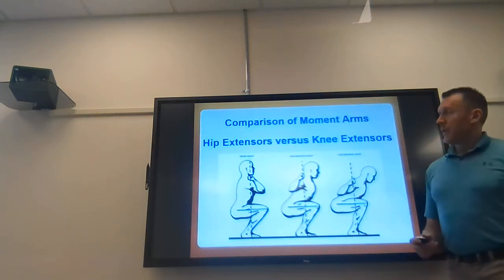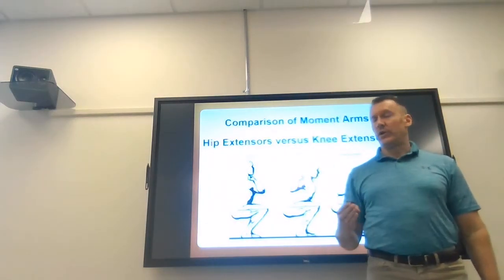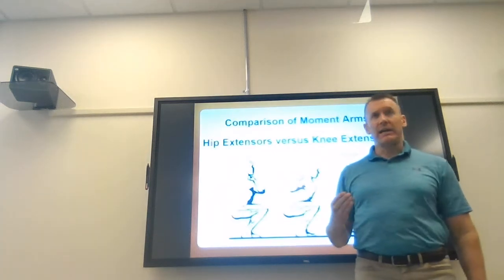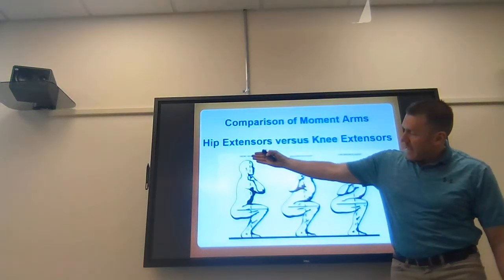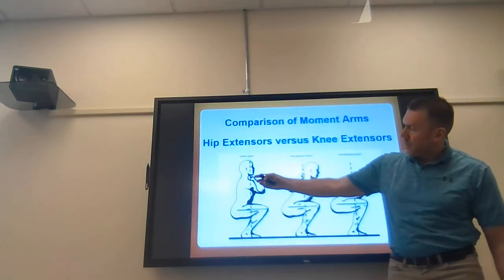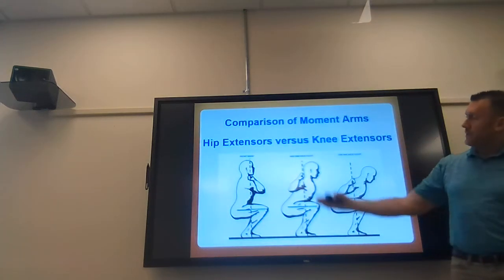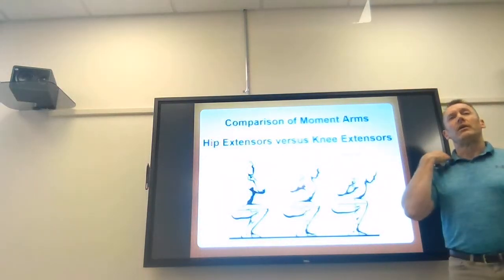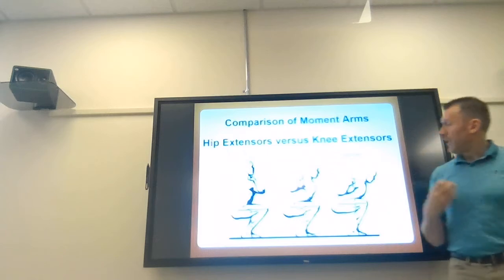So remember, gravity is going to be acting vertically, straight down, and that is represented here by this dashed line. This is the bar for a front squat. This would be the bar for a high bar back squat, held on the superior part of the trapezius.